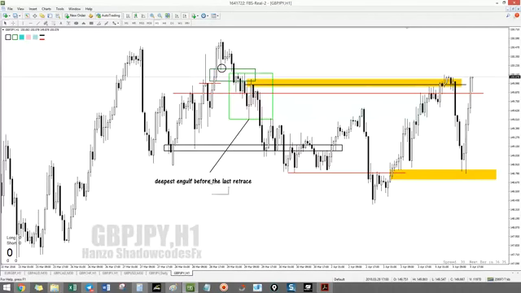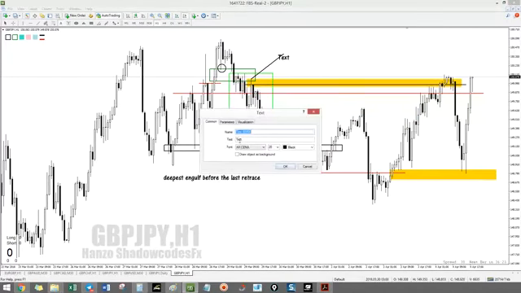This will get clearer, because the way you draw is actually based on the experience you get. This is the last one, the last retrace, equal to the most fresh.